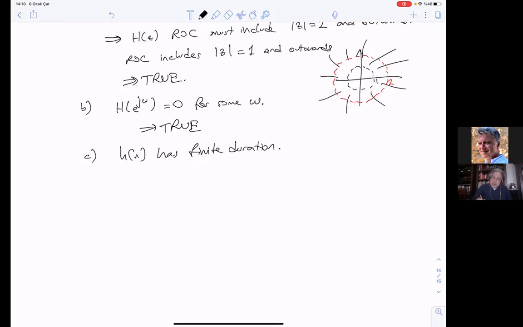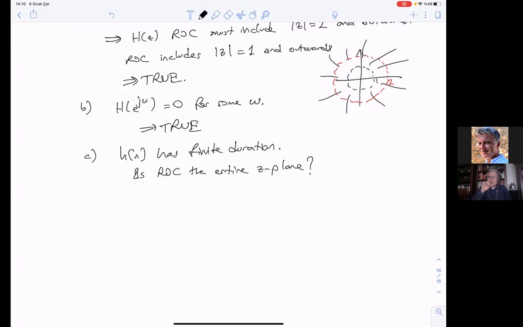So the question you have to ask is, is the region of convergence the entire z plane? And since there is a pole at z equal to 1/2, of course, it's not the entire z plane. It must be at least radius greater than 1/2.